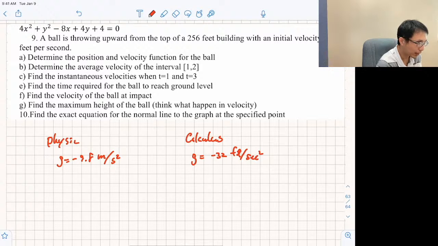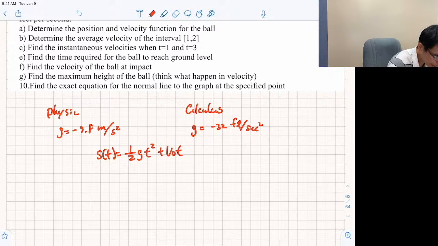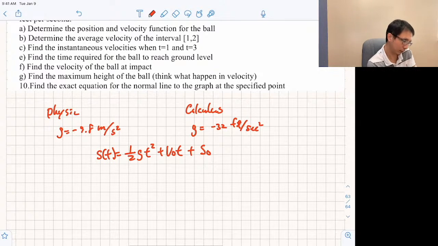Now, the basic kinematic equation in terms of calculus is going to be s of t equals half of g t squared plus v0 t plus s0. And we're going to talk about why that is half and why that's g and t squared.